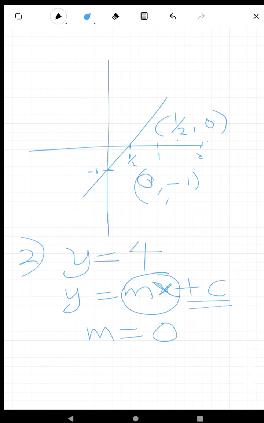Is there a constant alone, which is going to be the y-axis intercept, which is c? There is a constant alone. So y is equal to 4, so our c in this particular case is equal to 4. So is it a straight line equation? Yes, it is a straight line equation, but it is an equation where the gradient is 0 and the y-intercept is 4.